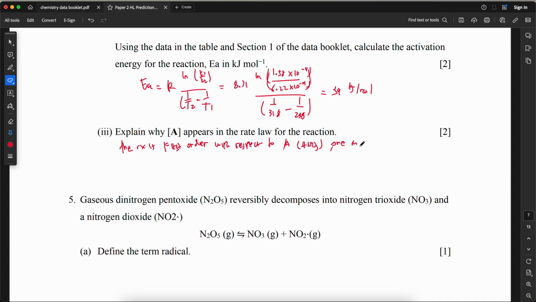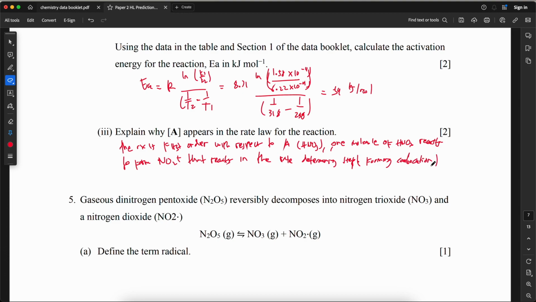One molecule of HNO3 reacts to form NO2 plus that reacts in the rate determining step, forming the carbocation.